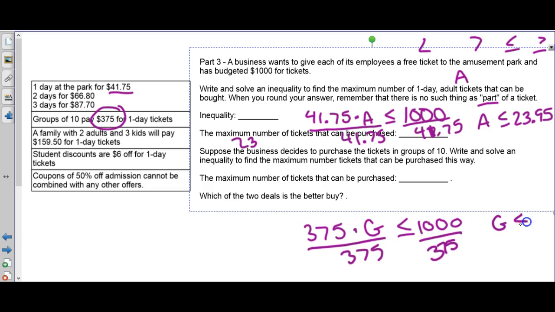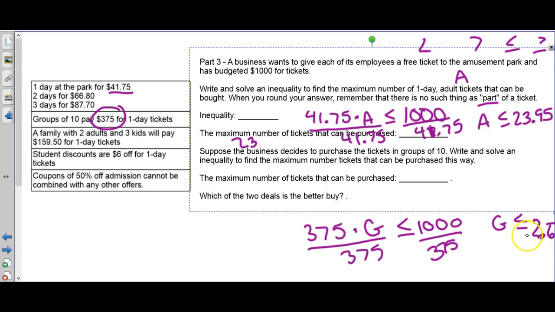So the number of group tickets you could buy is 2.6 repeating. That goes forever. Again, you can't buy this in partial groups though, so really you can only buy 2 groups within that budget limit. You can only buy 2 if you can't spend more than $1,000.